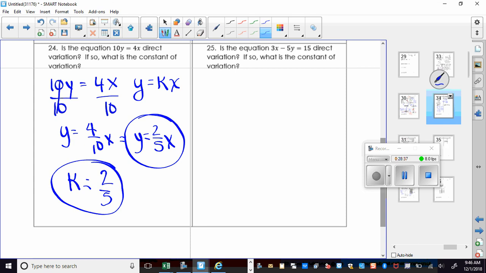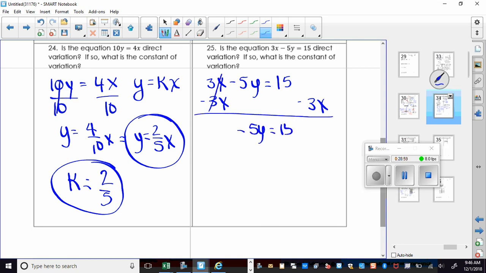Next, it says, is the equation 3x minus 5y equals 15 a direct variation? If so, what is the constant of variation? Remember, direct variations have no b's. So let's get the y by itself. I'm going to subtract 3x on both sides. I get negative 5y equals 15 minus 3x. Divide both sides by negative 5.